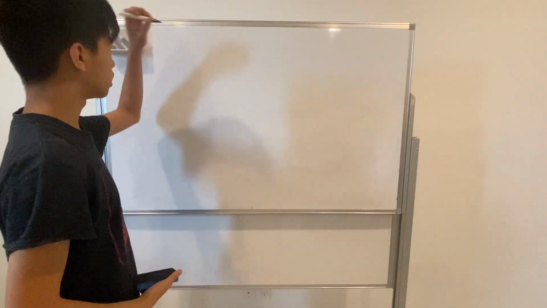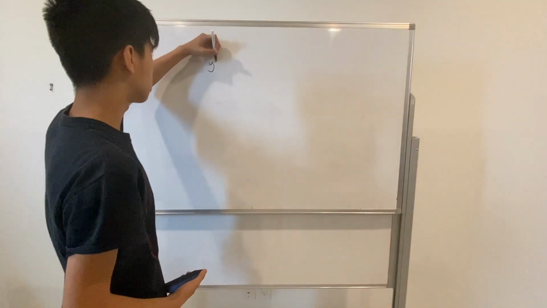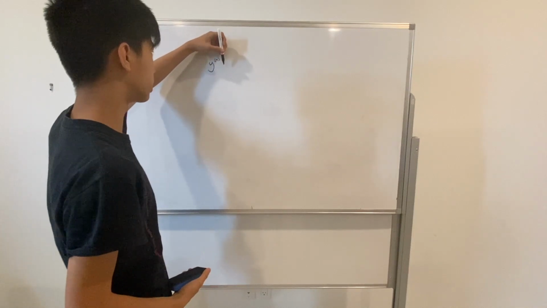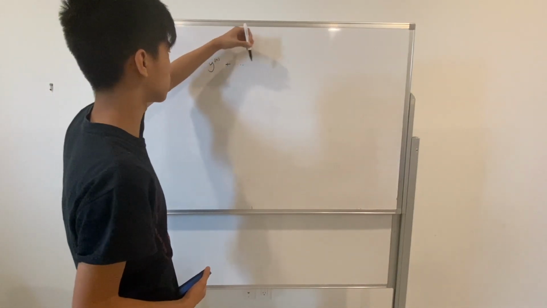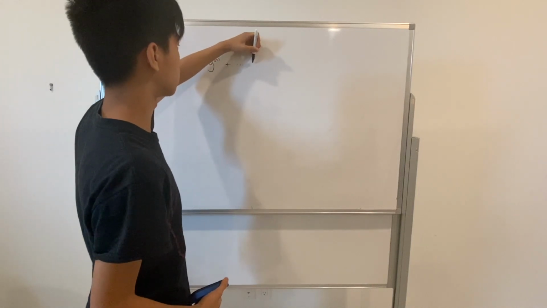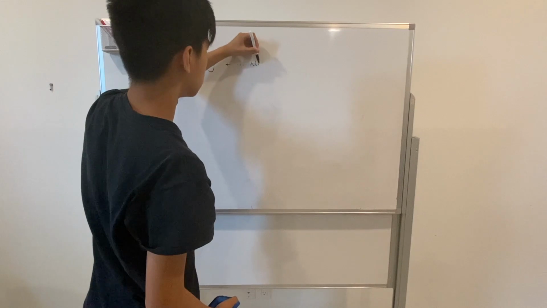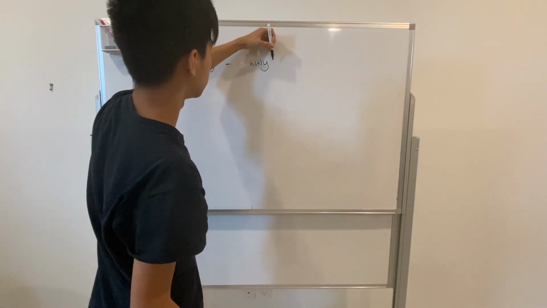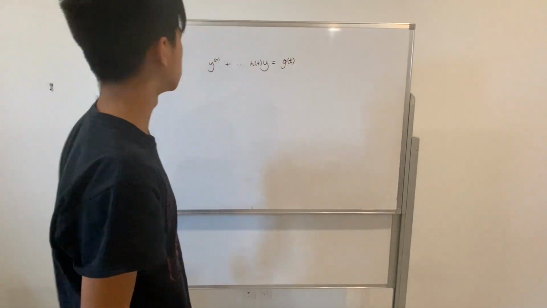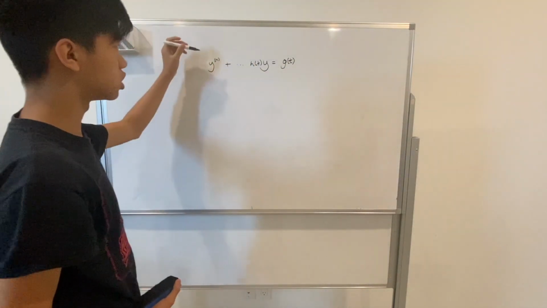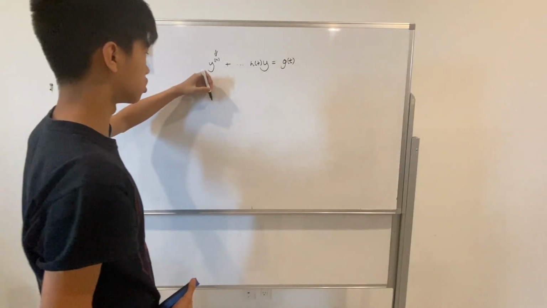So, in variation of parameters, let's say you're given an nth order differential equation, like y to the nth derivative plus dot dot dot, I'll just put h of t y, equals g of t. You are going to generate n solutions.